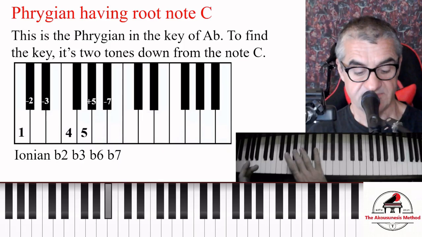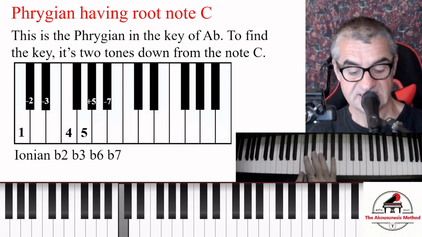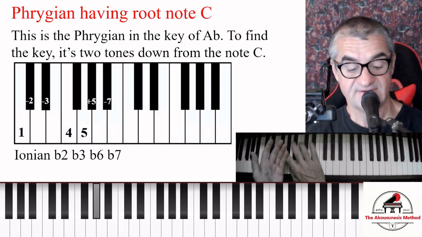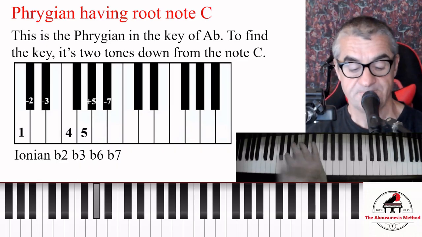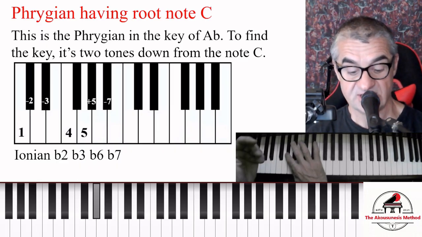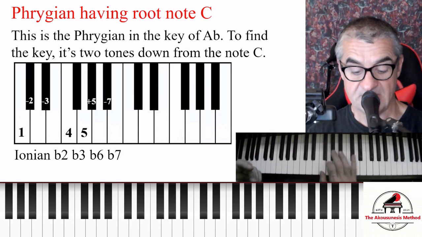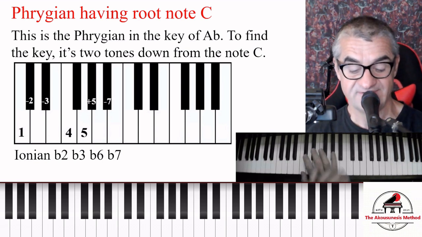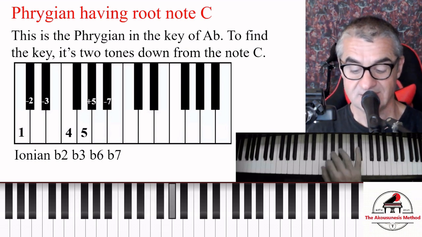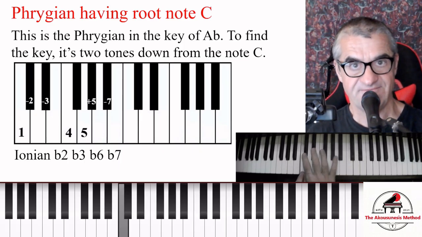That's the Phrygian. Now I know the key of A flat, which is the Ionian. I'm going to start on C, but play the key of A flat and end on C. I've just played the Phrygian, the C Phrygian.